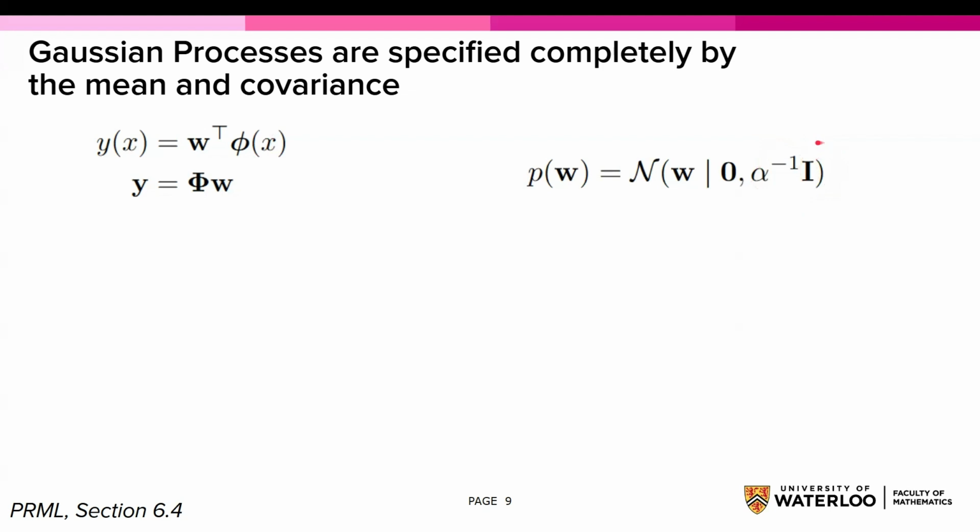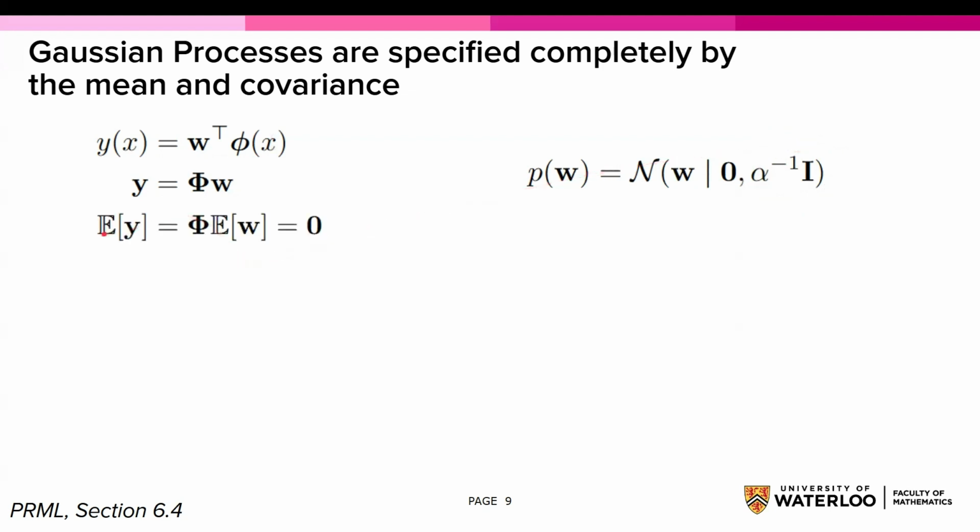So this I here is the identity matrix, which is zero everywhere except along the diagonal. So the covariance matrix is going to be a diagonal matrix, but then the elements along that diagonal are specified by this precision quantity alpha, which is inversely proportional to the variance of the weights.